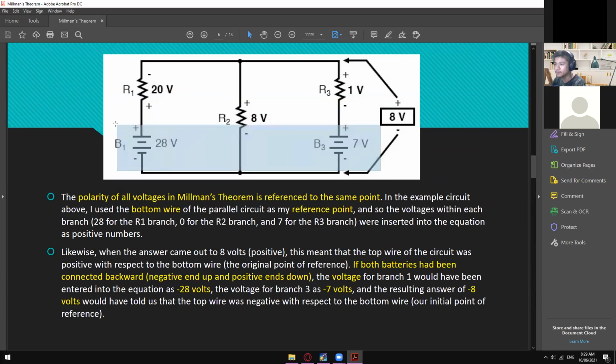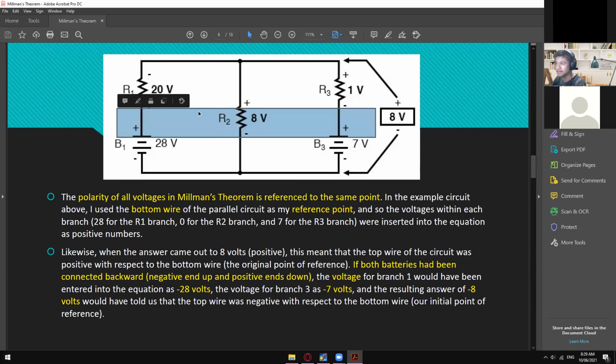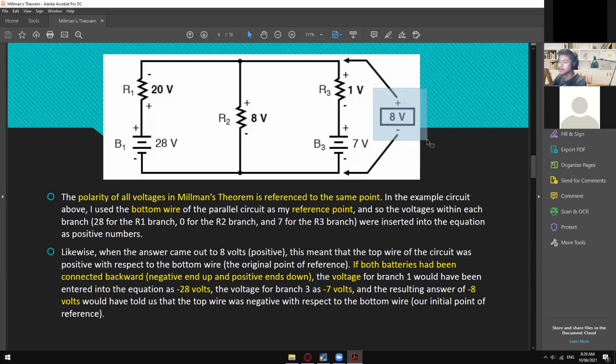So again, we have here the voltage sources wherein they have the same flow of polarity. We have the negative on the bottom and then positive on the upper side. So that's how we verify or know what is also the polarity of your voltage solved across the entire circuit.